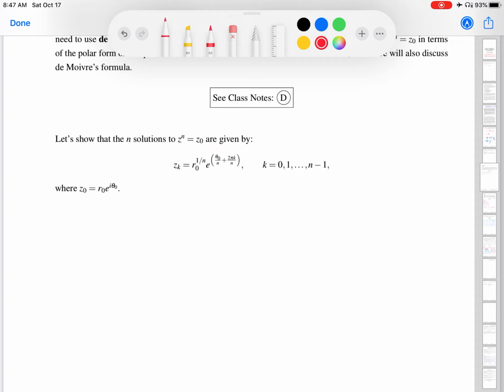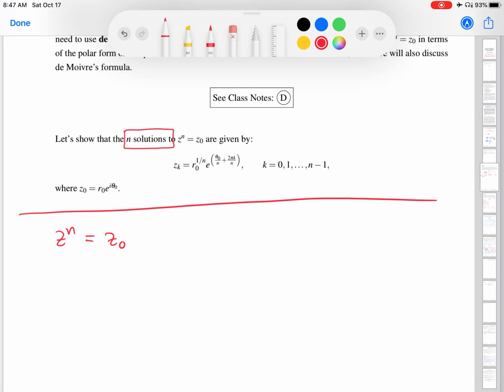The first thing I want to say is, if I have the complex equation z to the n equals z sub 0, where I am assuming that n is an integer, so maybe z squared equals z sub 0, or z cubed equals z sub 0, something like that, then to find solutions to this equation you might naively think that I'm just going to take the nth root of everything.